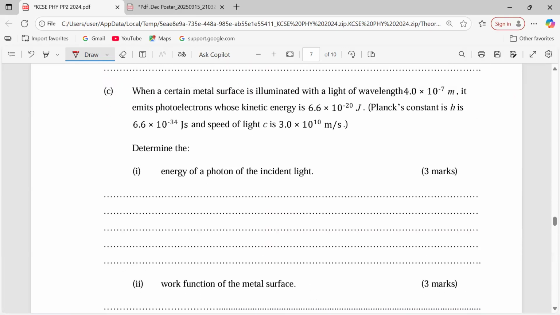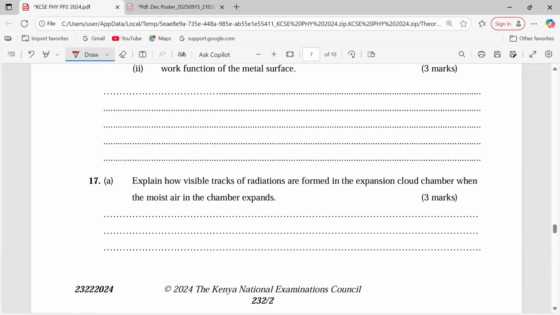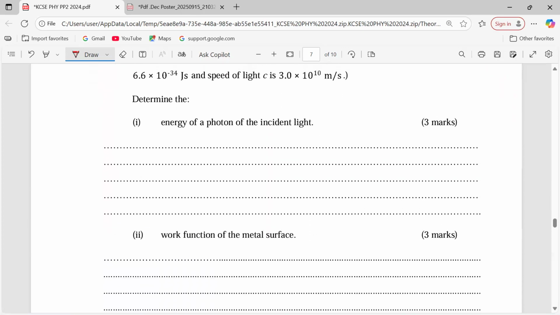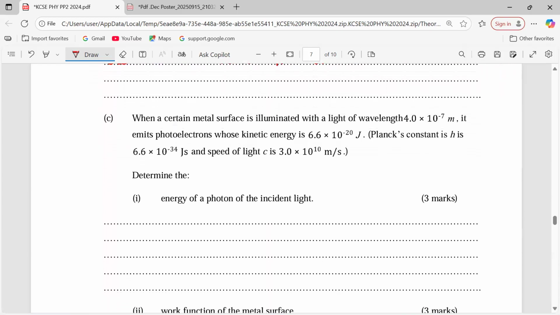Then part C now on Einstein's equation of photoemission. This is what we are going to apply. We are told that when a certain metal surface is illuminated with light of wavelength 4.0 times 10 to the power of -7 meters, it emits photoelectrons whose kinetic energy is 6.0 times 10 to the power of -20 joules.